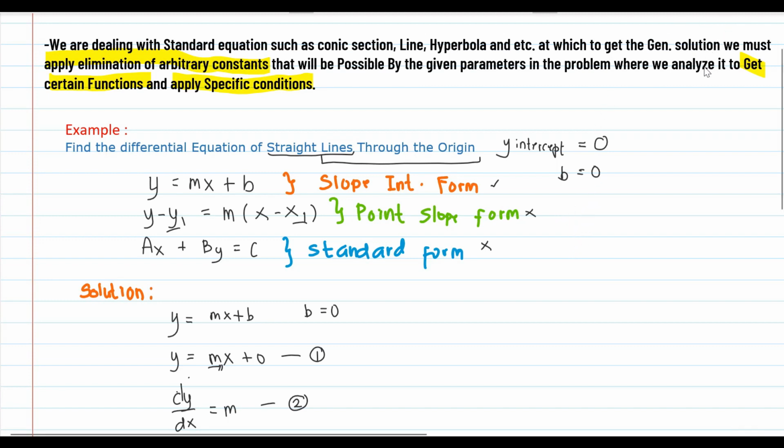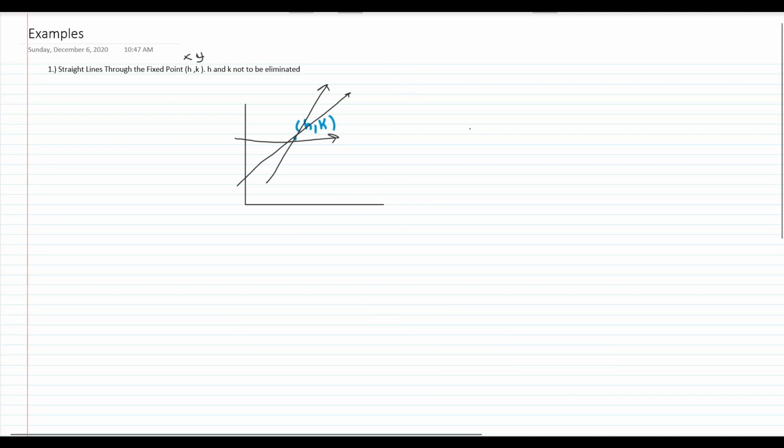So for the solution, that is y minus y1 is equals to m quantity x minus x1. So we substitute y1 is equals to k and x1 is equals to h.